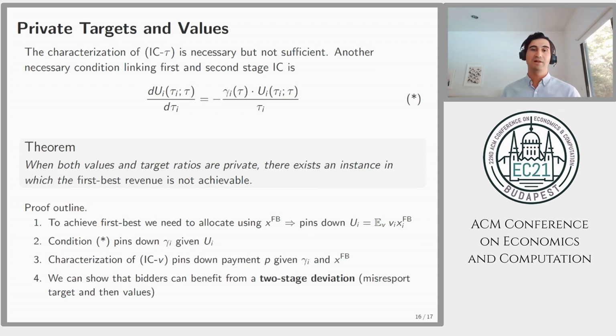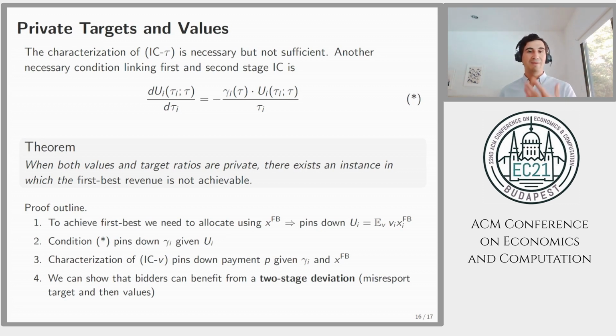How do we prove the result? Well, to achieve first best, you need to allocate according to the first best, or efficient, allocation. This is going to pin down your utility. In the case of value maximization, this is going to be value times allocation. Now, using the condition that I gave you there in asterisk, if you're given your utility, it's going to pin down the multiplier gamma.